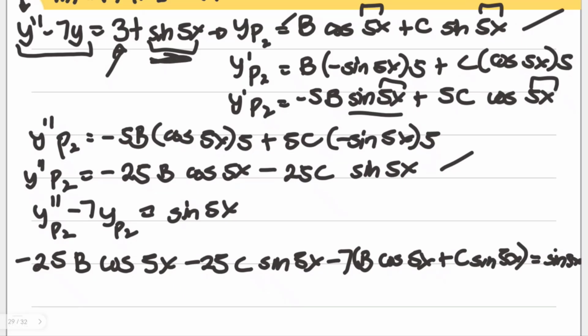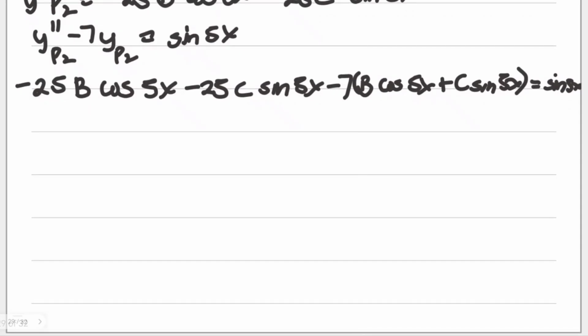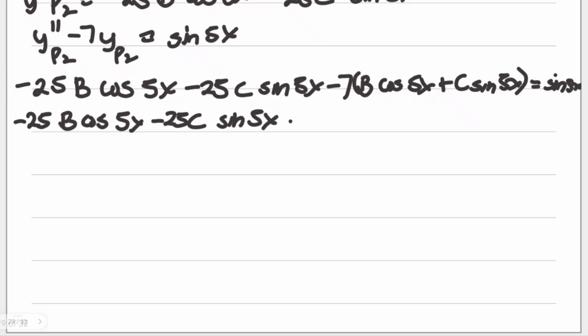Let's combine all of this and solve for the coefficients b and c to come up with our final form of y sub p sub 2. You have minus 25b cosine of 5x minus 25c sine of 5x, minus 7b cosine of 5x, and then minus 7c sine of 5x, equal to sine of 5x.